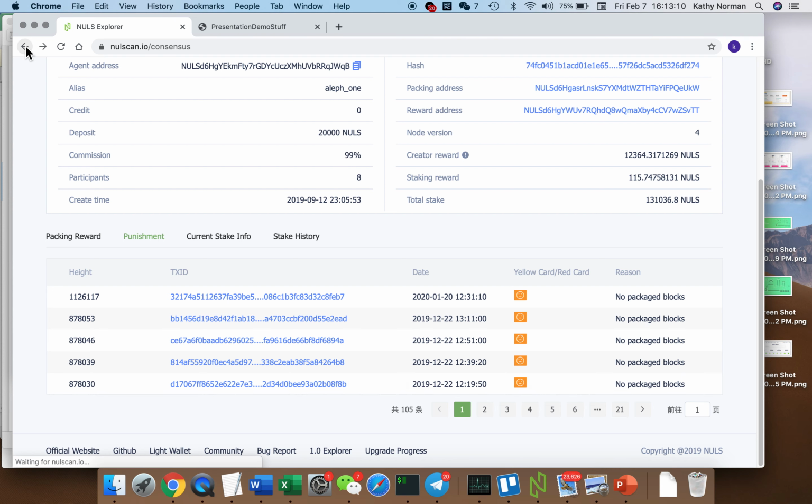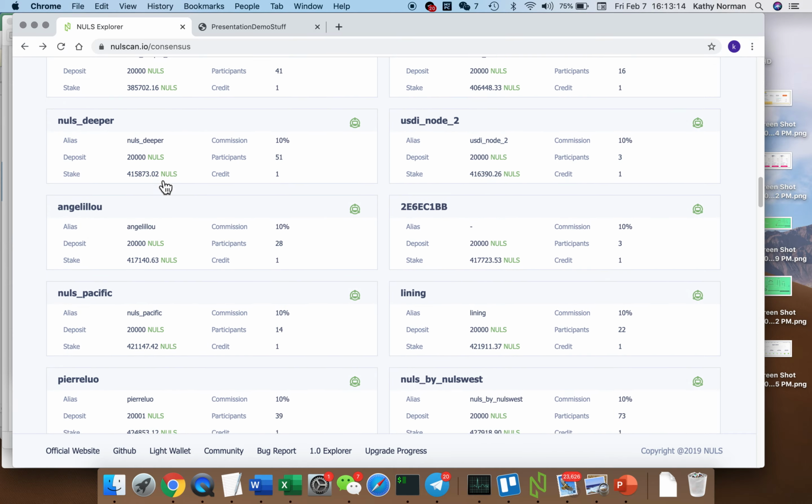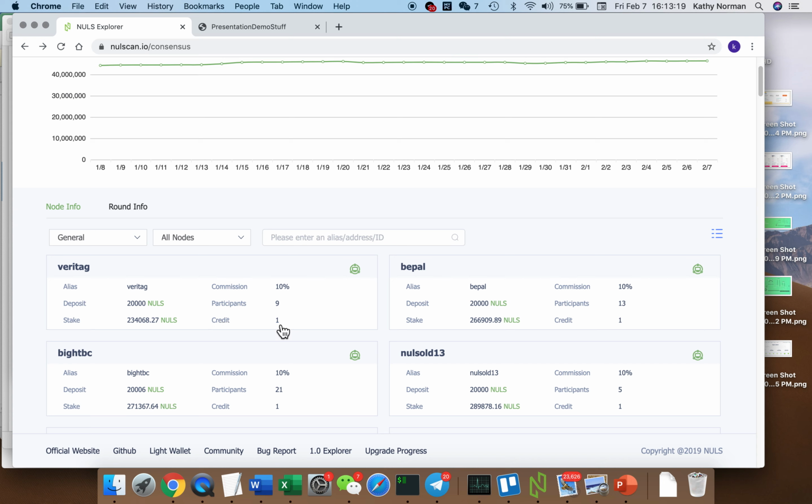So let's go back one. We're going to go up here, and this guy is healthy. This guy has a credit of 1. That's the best credit you can have, 1 or 100%, depending upon how you want to look at it. And if your node is unavailable to process a block when it's called to process a block, then your credit rating is going to go down and you will get a yellow flag.